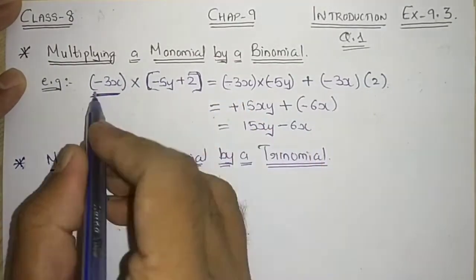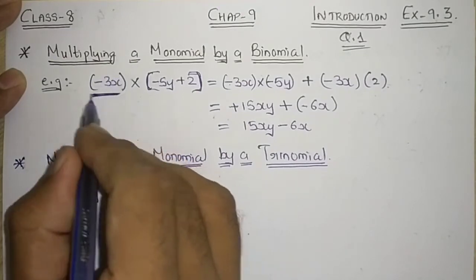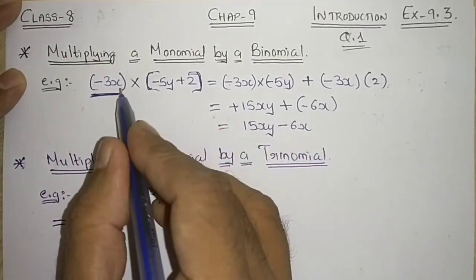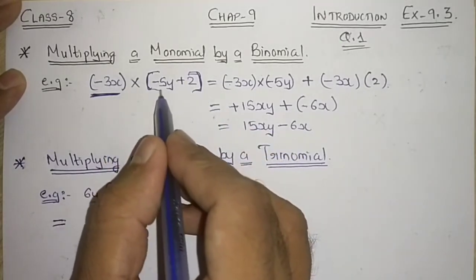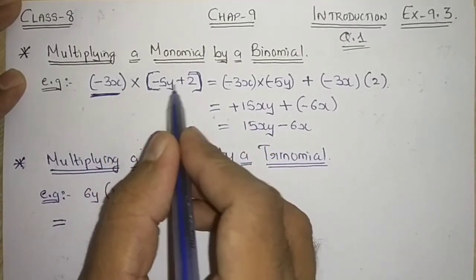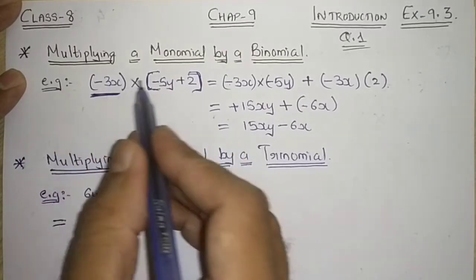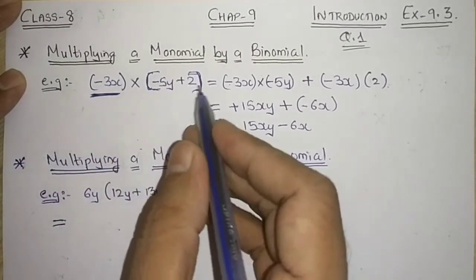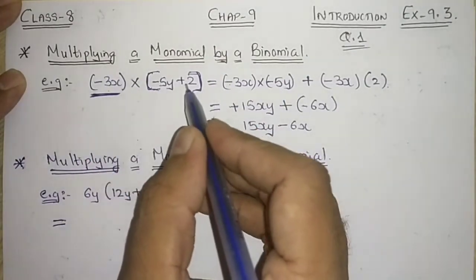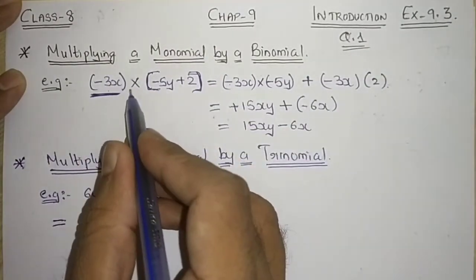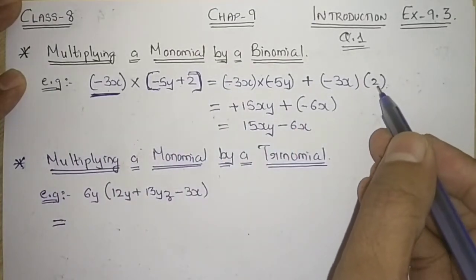This is a monomial, a chocolate which you will be giving to each student of the class, and the students in that class are only 2. So you are giving each of them the chocolate. So you are distributing minus 3x to 5y and then minus 3x to 2.